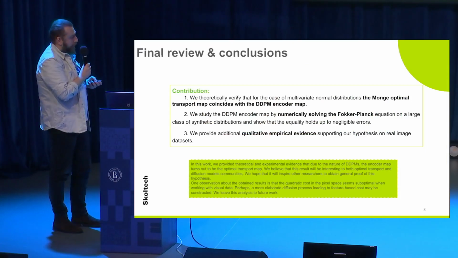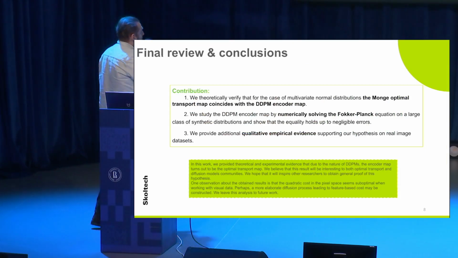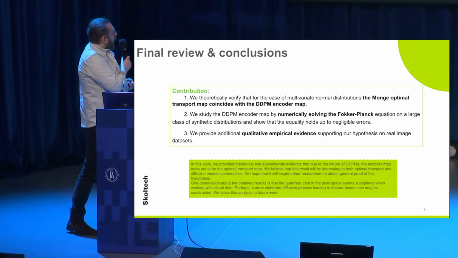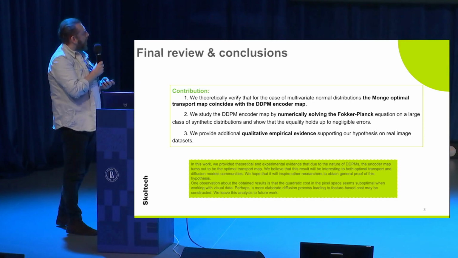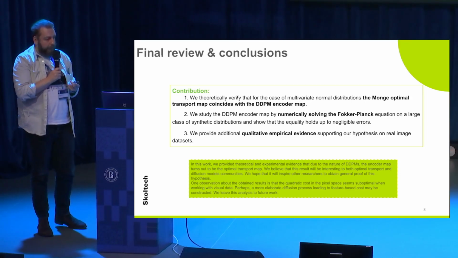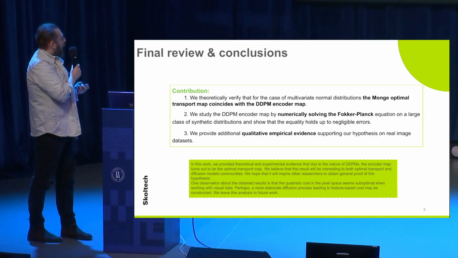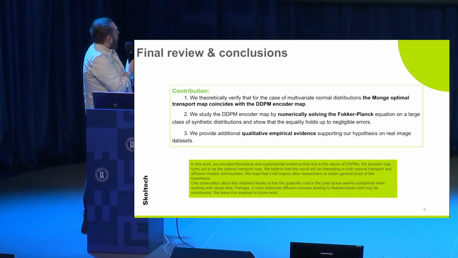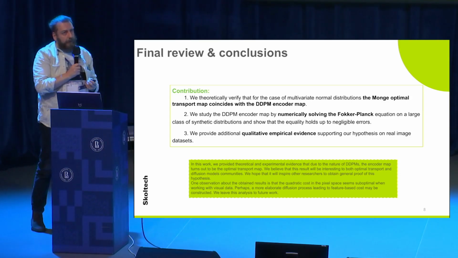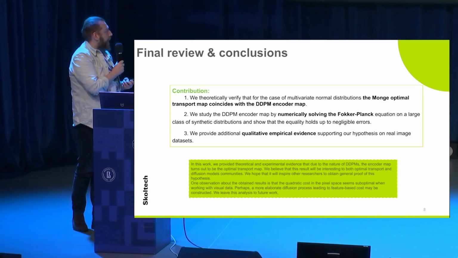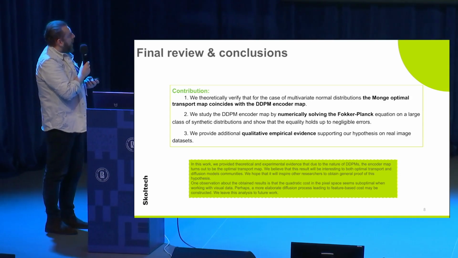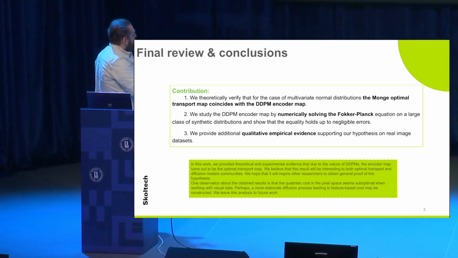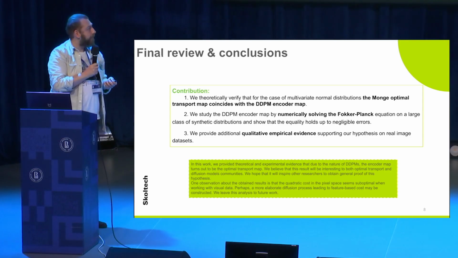So our main idea is that we numerically show that the DDPM encoder, when we solve it using the Fokker-Planck equation in the TT format, makes optimal transport up to machine precision. And this idea can be seen on real image datasets.